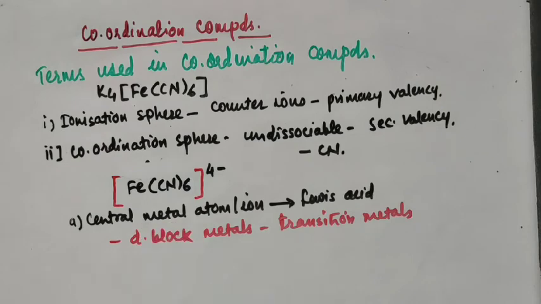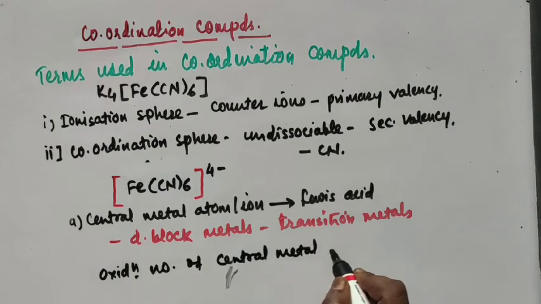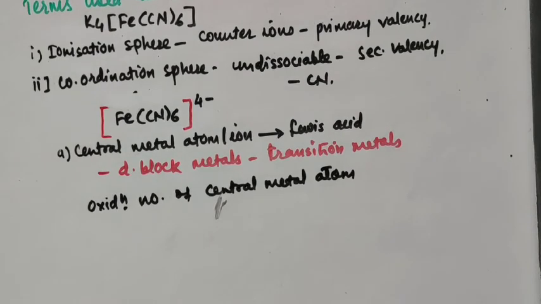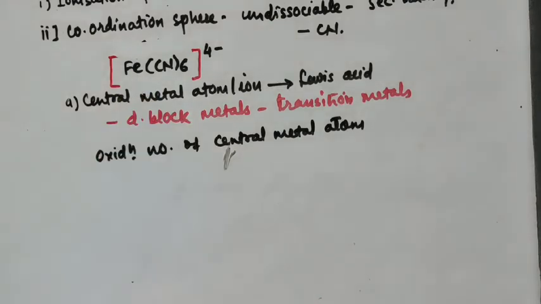Then along with this central metal ion, oxidation number is one of the terms. So it is concerned with the central metal atom. I'll write here only the oxidation number of the central metal atom or central metal ion. Now oxidation number is well familiar to you. We have studied how to find oxidation number in 11th standard in redox reactions.